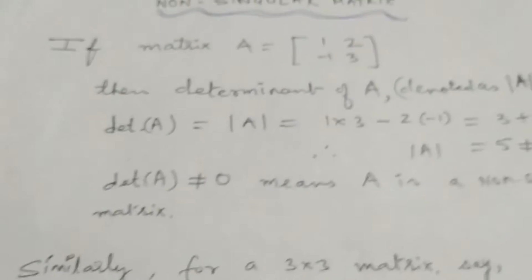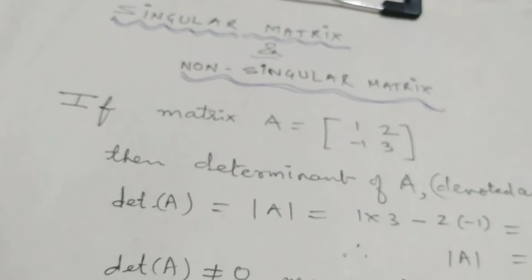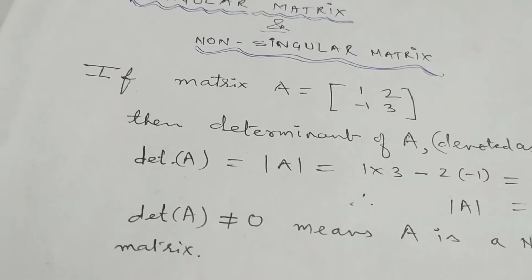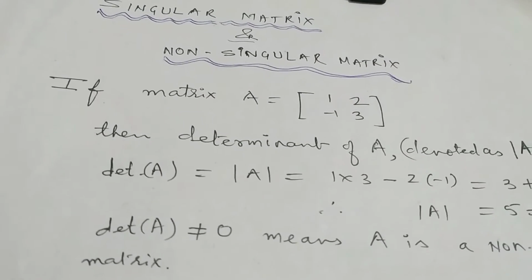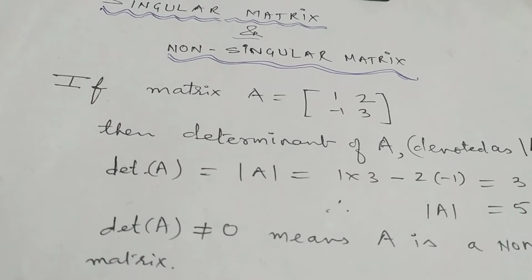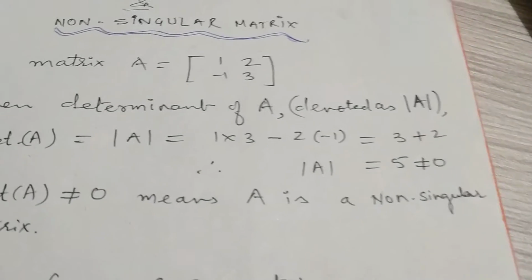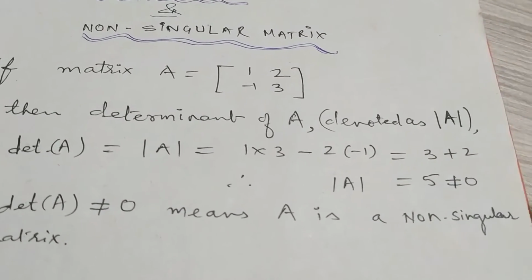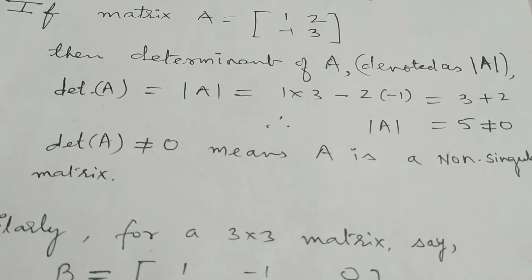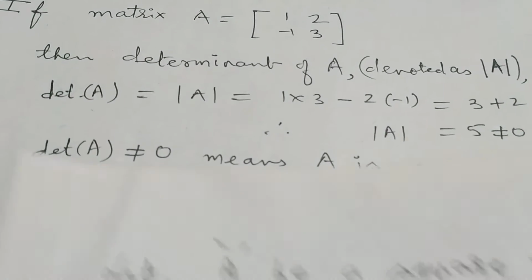Also, one more thing: if there is a non-singular matrix, then only can we say that its inverse exists. Now what do we mean by the inverse of a matrix? Hence we go to the definition of an invertible matrix.